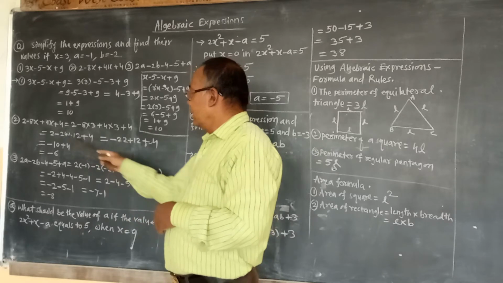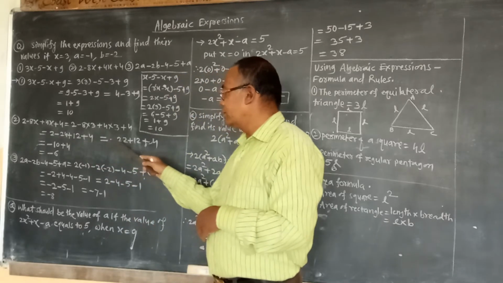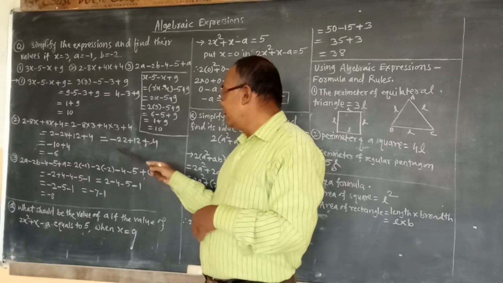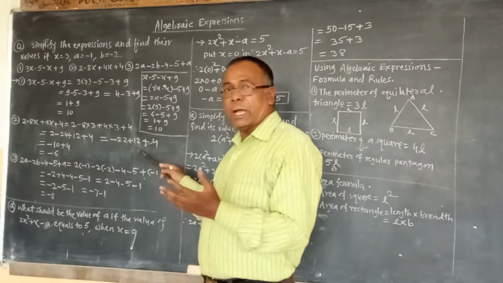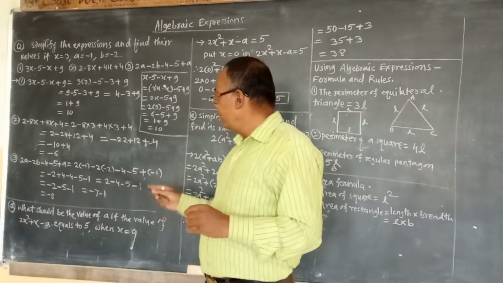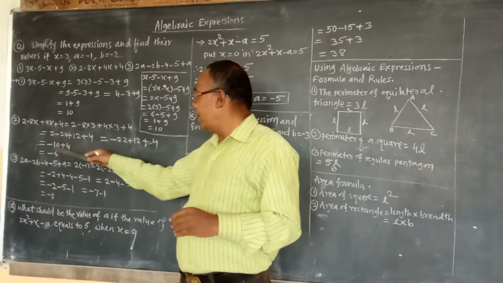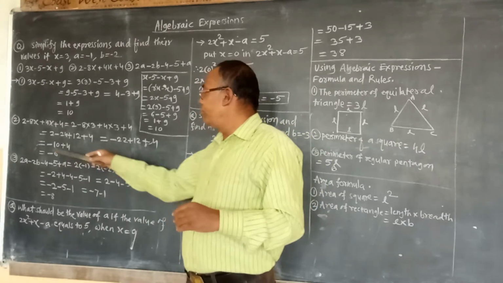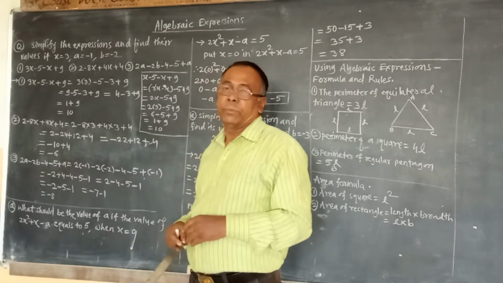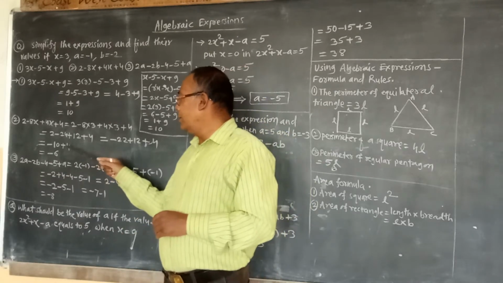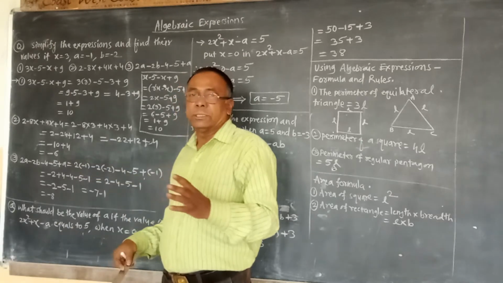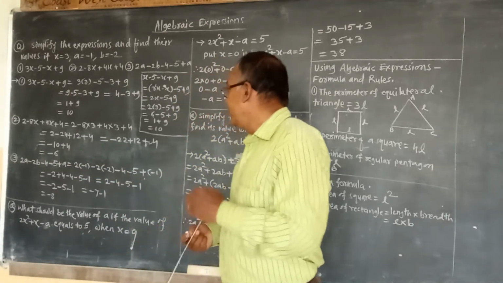Then 2 minus 24 will be minus 22, plus 12 plus 4. Again minus 22 and plus 12, unlike signs are there, so we have to subtract 12 from 22. So 22 minus 12 is 10, and give the sign of the greater number, so it will be minus 10 and plus 4. Again unlike signs are there, therefore 10 minus 4 is 6, and give the sign of the greater number, that is minus 6. So minus 6 is the value of the expression.